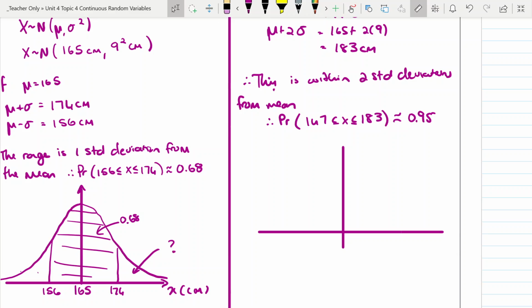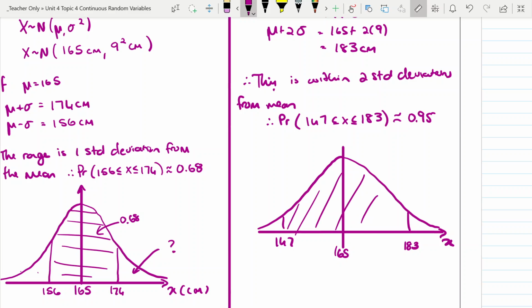And again, we have 165 as our mean. And we're going to make this a pretty bell curve. That's our x, and we know that's 183, and that is 147. All right, so we know that 95%, or 0.95, falls within those values. And we are interested in this.